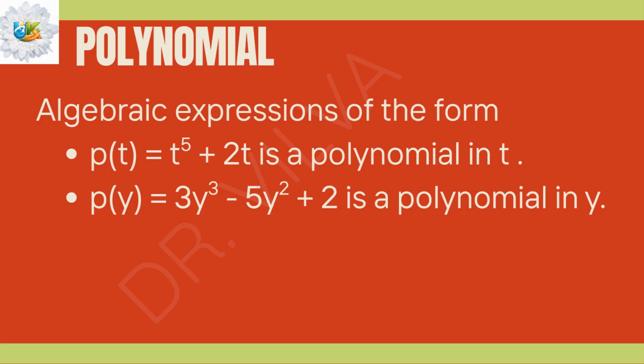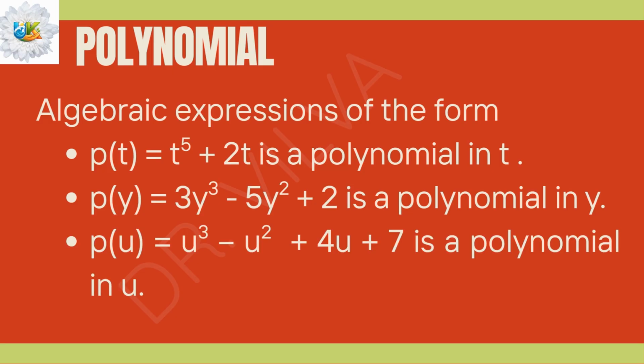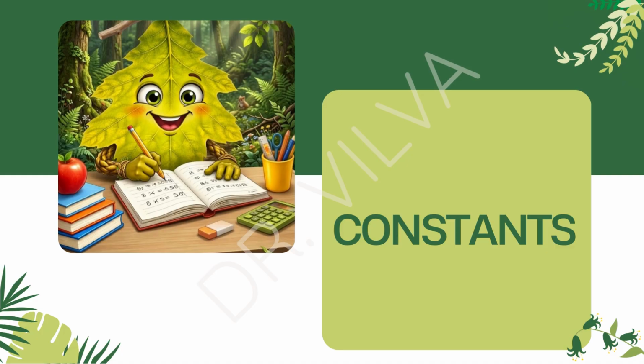P of y is equal to 3y cube minus 5y square plus 2 is a polynomial in y. You can have a polynomial in u. See the pattern here. Whatever letter is inside the parenthesis, that is t, y, u, is the variable that makes up the entire expression.